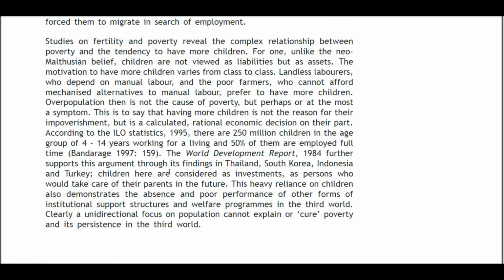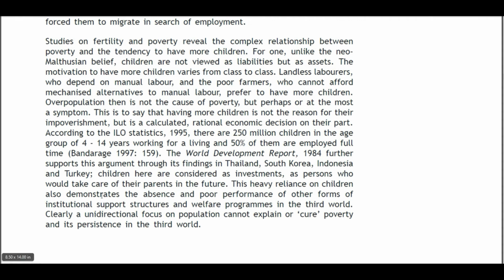According to the ILO statistics of 1995, there are 250 million children under the age of 14 working for a living, and 50% of them are employed full time. The World Development Report in 1984 further supports this argument through its findings in Thailand, South Korea, Indonesia, and Turkey. Children here are considered as incentives, investments, as persons who would take care of their parents in the future.